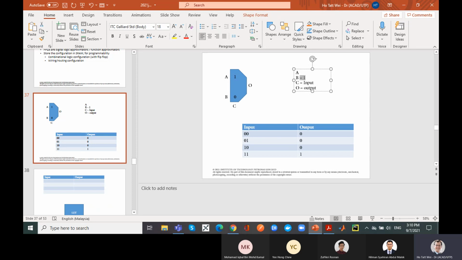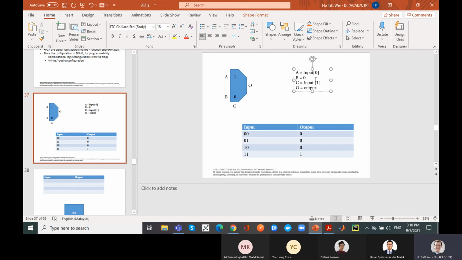For instance, A equals input bit 0, B equals 0, C equals input bit 1.